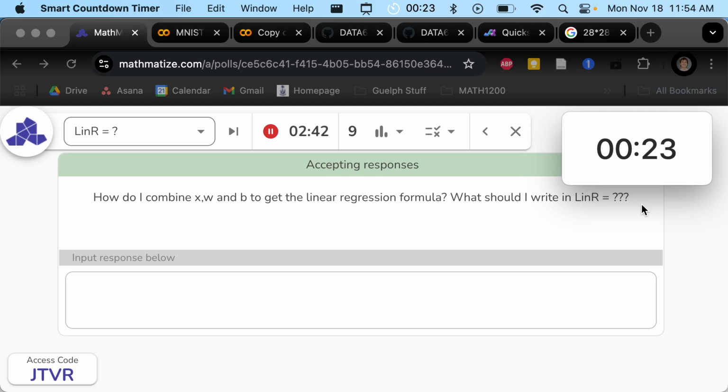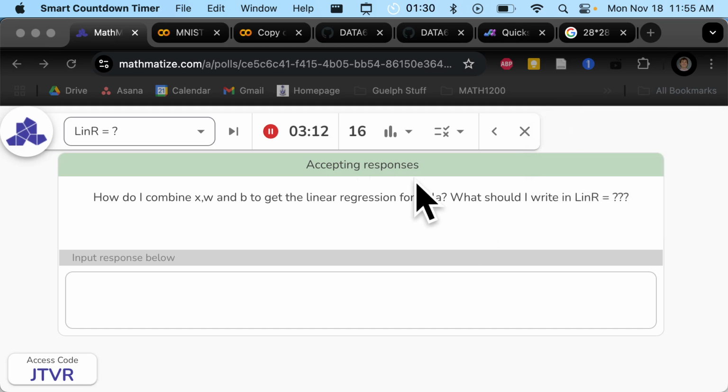Okay, 20 seconds left. Put in your guesses. Even if you have no idea, you can put in an IDK. If you really don't know, but if you have a guess, put in your guess. That's more useful if you have one. Okay, time is almost over. Put in something so that I know you're here, and let's see what people said.